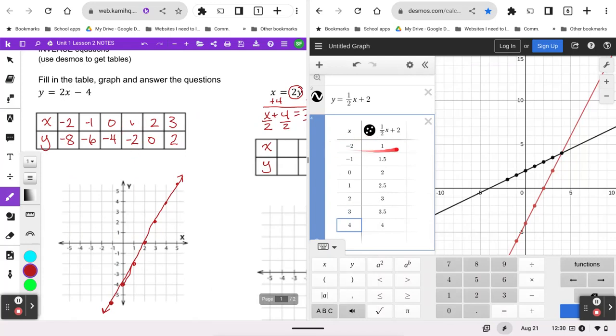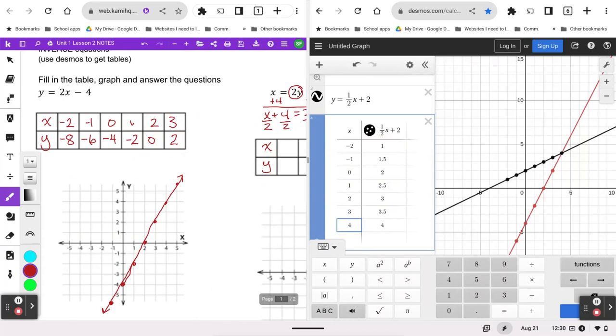Here, it's flipped. We had 2, 0, and we're going to have it flipped over here. 3, 2 is flipped. And we could do this back and forth. So if you wanted to, you could go for the x's on the x-axis: -8, -6, -4, -2, 0, 2, and then just write the values above it.